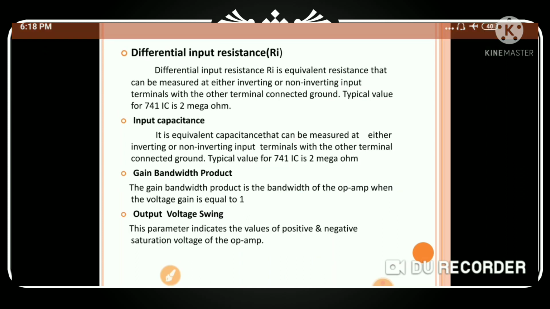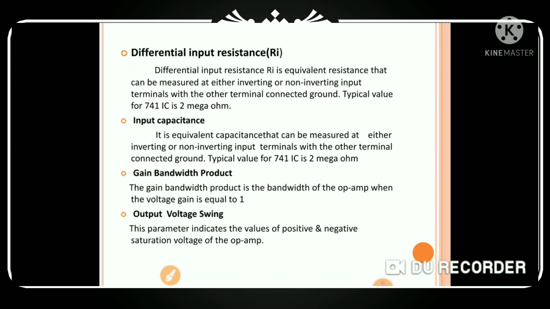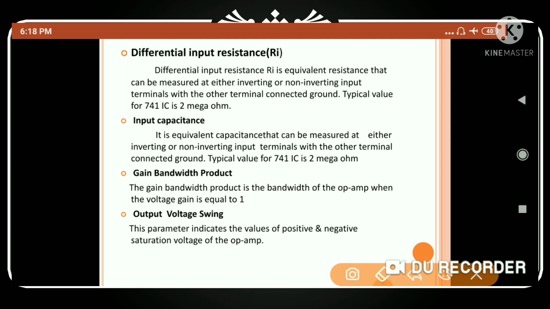The next one is differential input resistance. Differential input resistance Ri is the equivalent resistance that can be measured at either the inverting or non-inverting input terminals with the other terminal connected to the ground. The typical value for a 741 IC is 2 mega ohm. In the op-amp we give two inputs, V1 and V2.